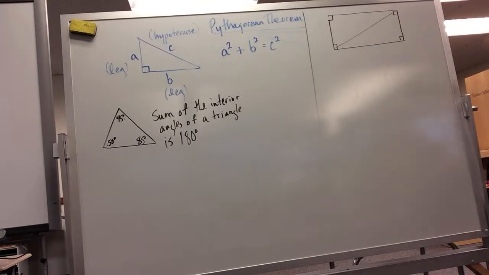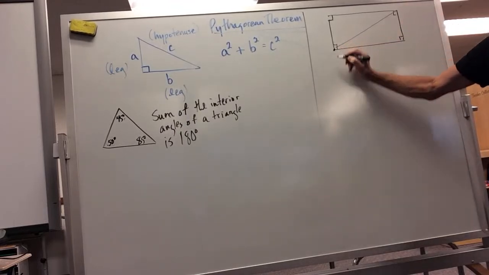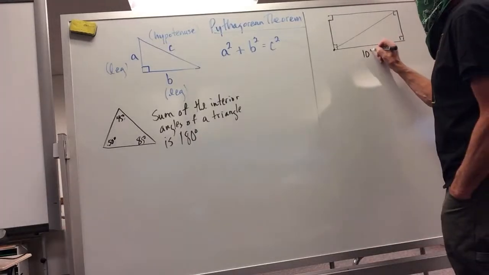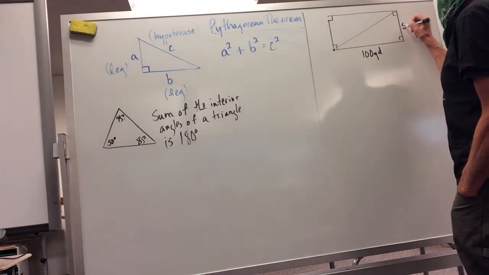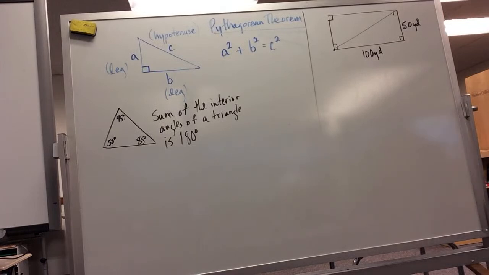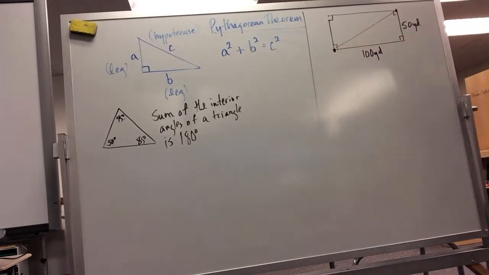So if you were standing on the football field, for example, on one corner and you were going to travel to the opposite far corner, it would be like walking along the hypotenuse of a really big triangle. So if you had, for example, a 100-yard football field, they're 50 yards wide, conveniently. The question is, how far is this in yards?